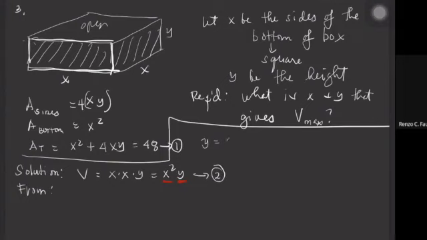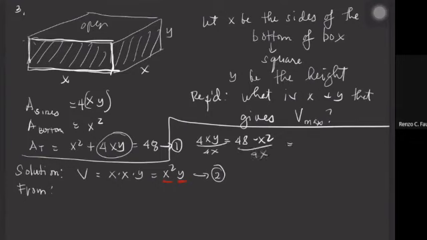So solving for y, we have 4xy equals 48 minus x squared. Divide by 4x, divide by 4x.